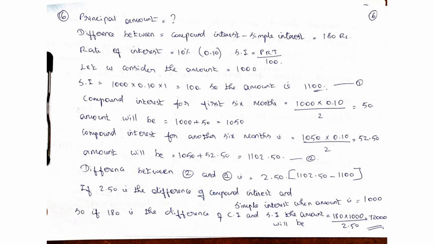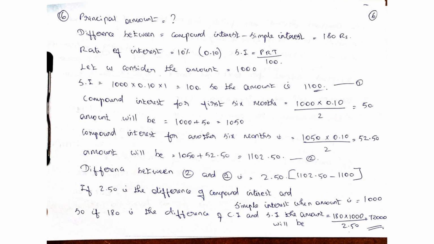Now we can find the difference: we need to subtract 1,100 from 1,102.50. So the difference is 2.50.